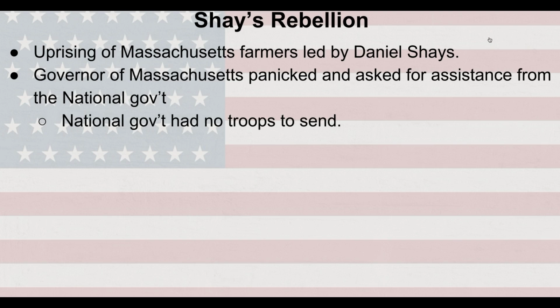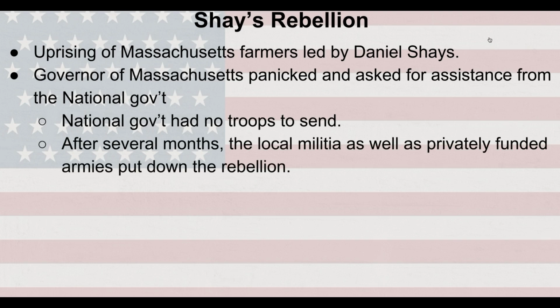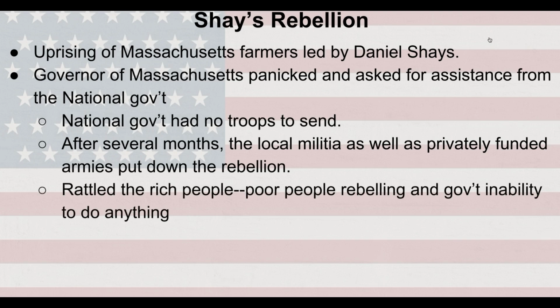After several months, the local militia as well as privately funded armies put down the rebellion. There is no national military that comes in to put down the rebellion. The wealthy people have to start hiring personal armies, and they put down the rebellion.